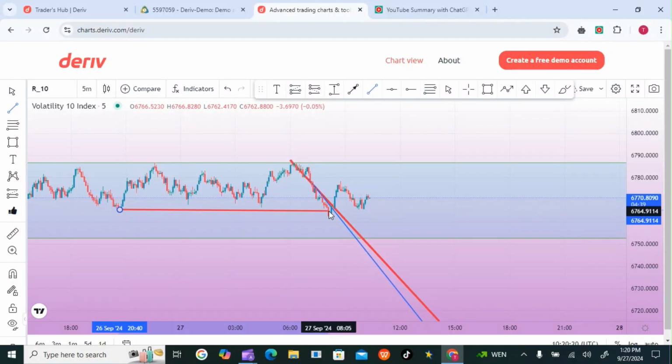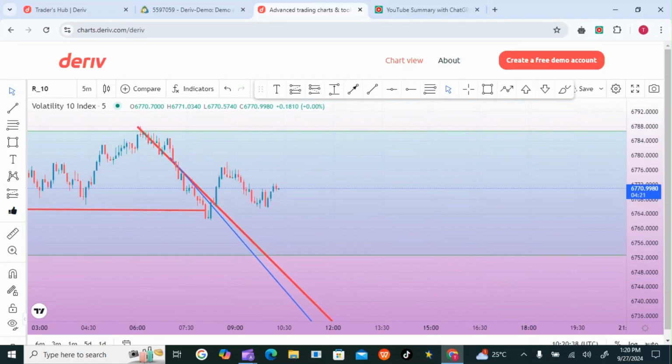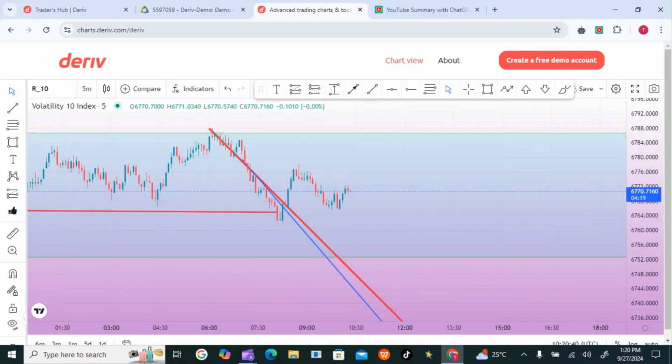Now on the 5 minutes we are creating a change of character. It has moved up, and it's trying to create a higher low, which is there.